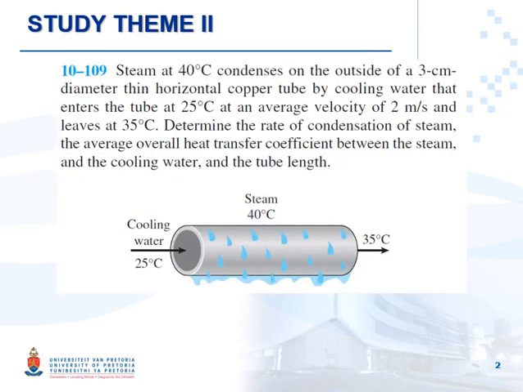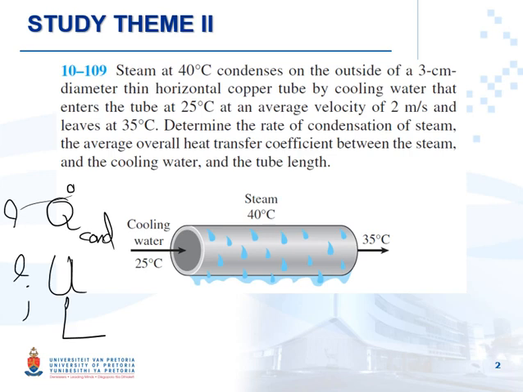But if we go back to the question, it's asking for the rate of condensation, but it's not asking for the condensation heat transfer coefficient. So basically it is asking for Q dot condensation, for U, the overall heat transfer coefficient, and for L, the tube length, so 3.